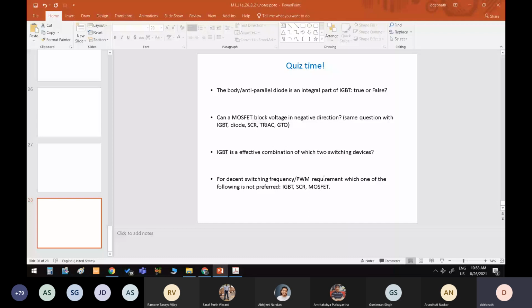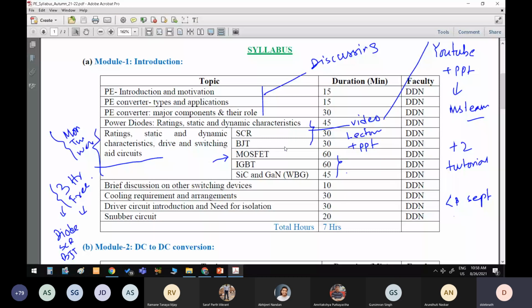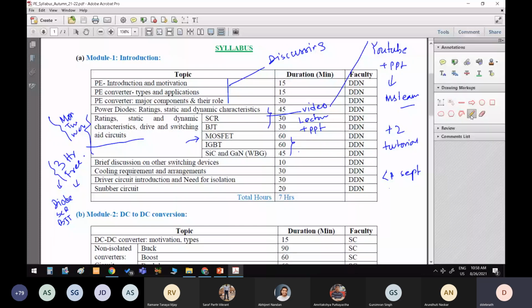Let me just quickly go through our plan, and then I'll end in 2 minutes. Can you see this PDF, the syllabus document? Yes. Right. So now what you understood is that I took several lectures in live mode. Then we had already recorded YouTube lectures. Of course, those live lectures are also all uploaded in YouTube.